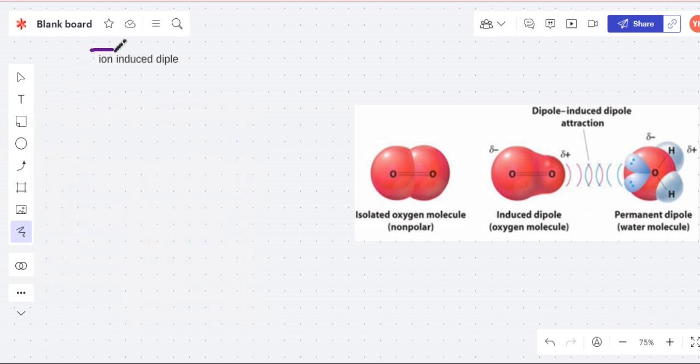Ion means it has a charge, whether cation or anion. Induced basically means non-polar in nature, which means this ion will make this non-polar molecule polar, at least for a while.